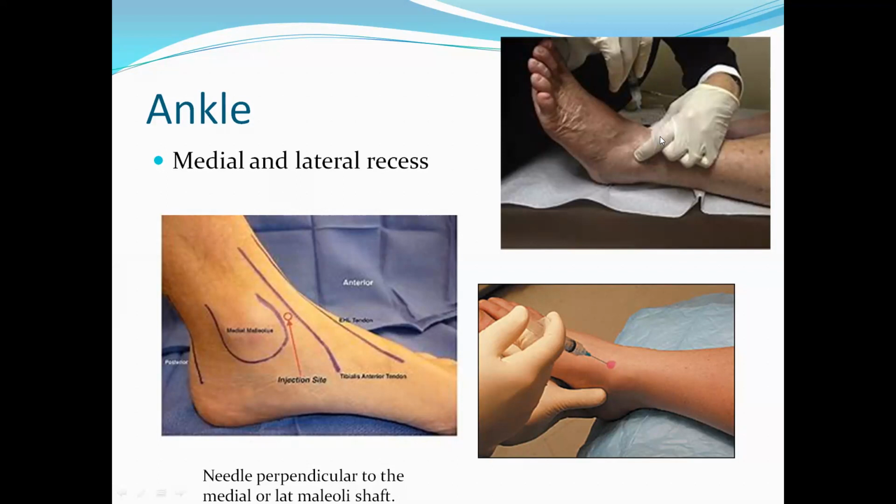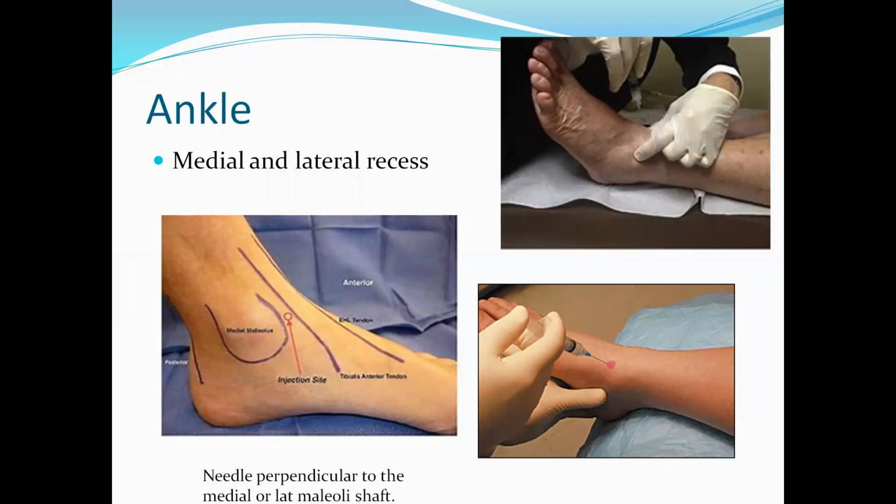Before going in, try to outline the joint. Put one finger on the lateral recess, the index finger, and the middle finger on the medial recess, and choose which way you want to go. The medial recess portal I have already explained. For the lateral portal, in the same way palpate the tip of the lateral malleolus, and go proximally along the anterior border of the lateral malleolus.